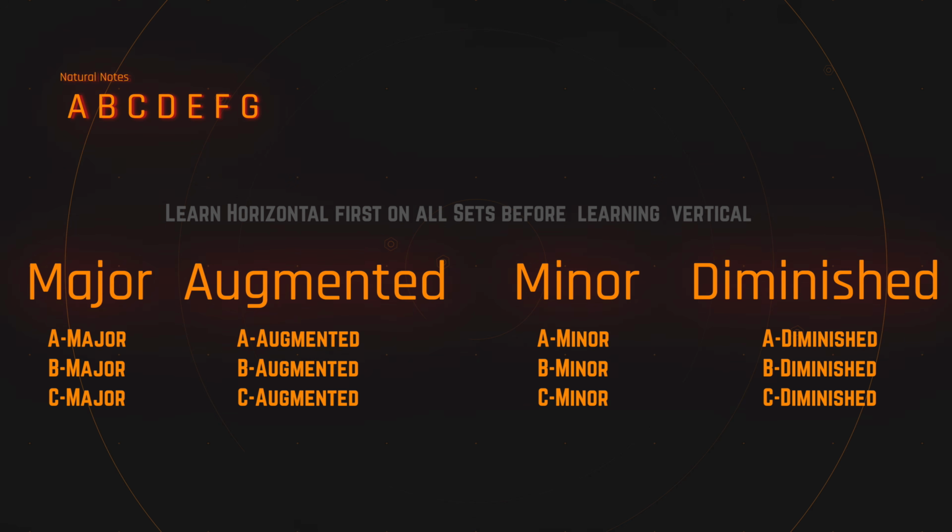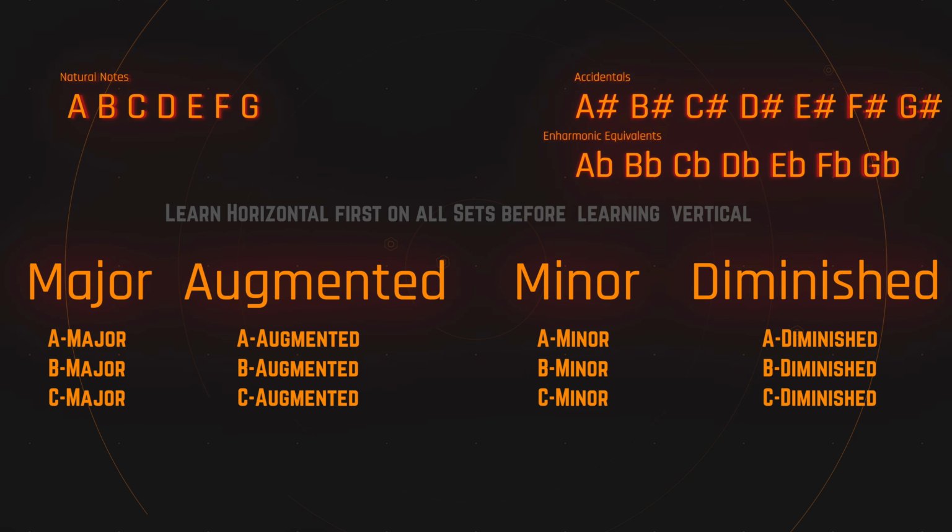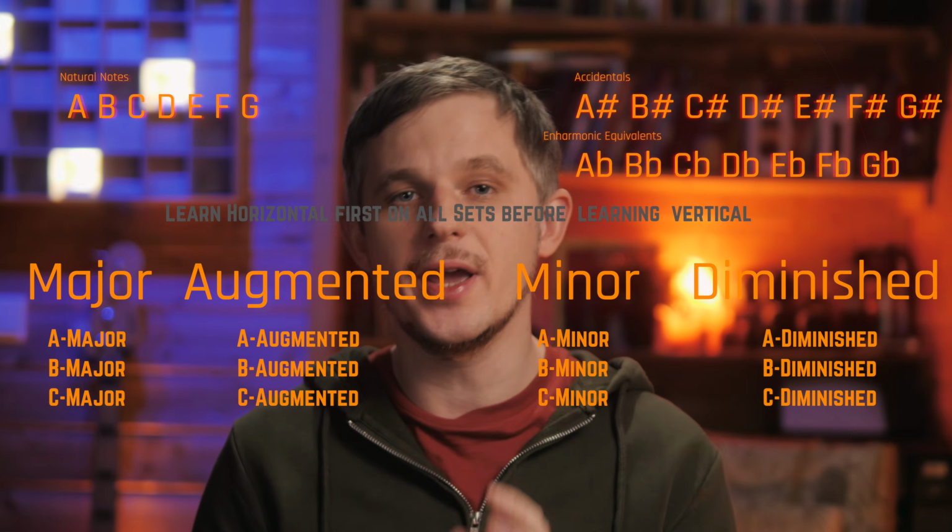And after finishing the natural notes, expand to the accidentals A sharp, C sharp, D sharp, and so on, and their enharmonic equivalents B flat, D flat, E flat, G flat, and so on. This is really a comprehensive and systematic way to master triads. However, I don't recommend starting with this approach, because it lacks any musical context.